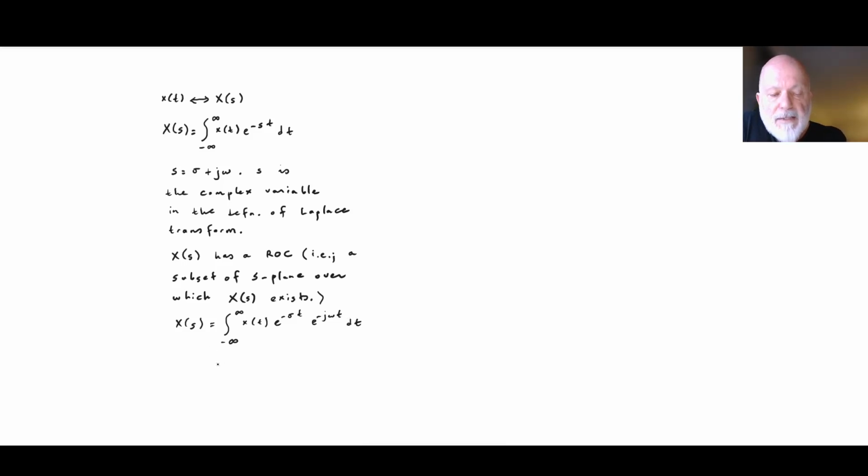And we clearly see that X of s is the Fourier transform of e to minus sigma t x of t.